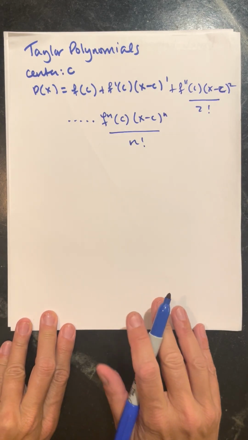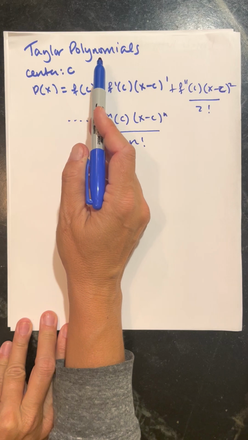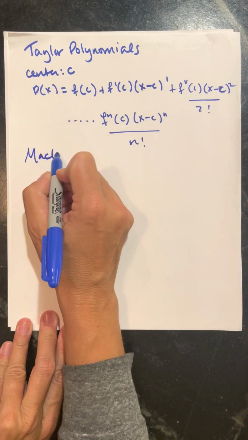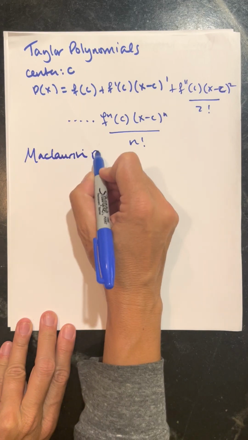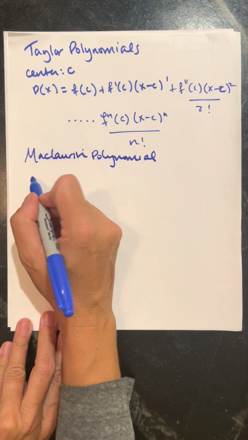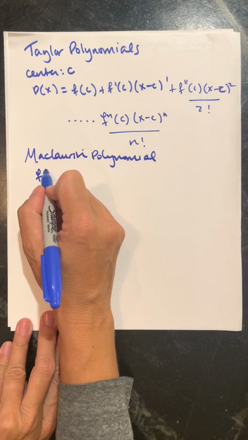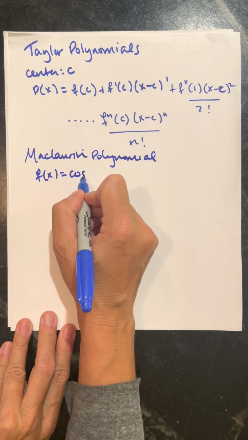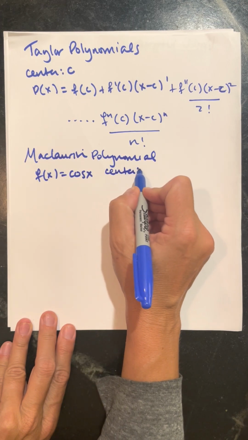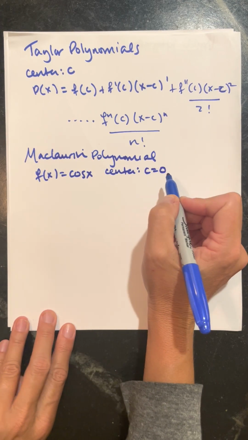And remember that a Taylor polynomial that is centered at 0 is called a Maclaurin polynomial. So if we construct one for, I think we did f of x equals cosine of x, if it's a Maclaurin, we know the center is c equals 0.